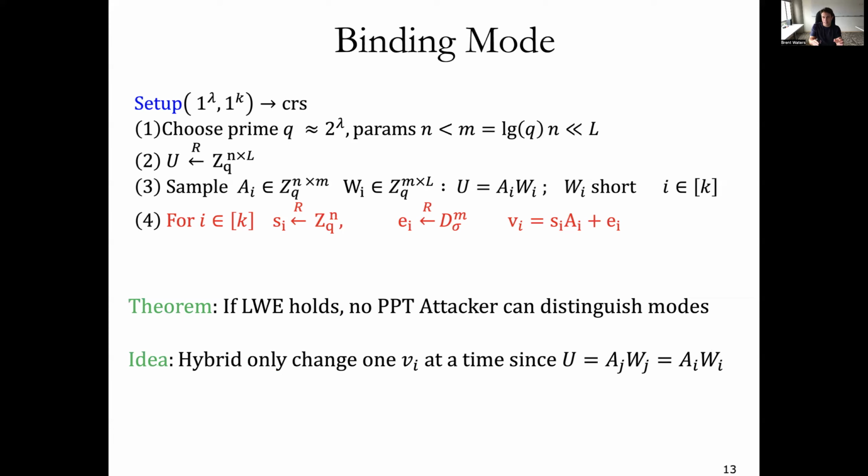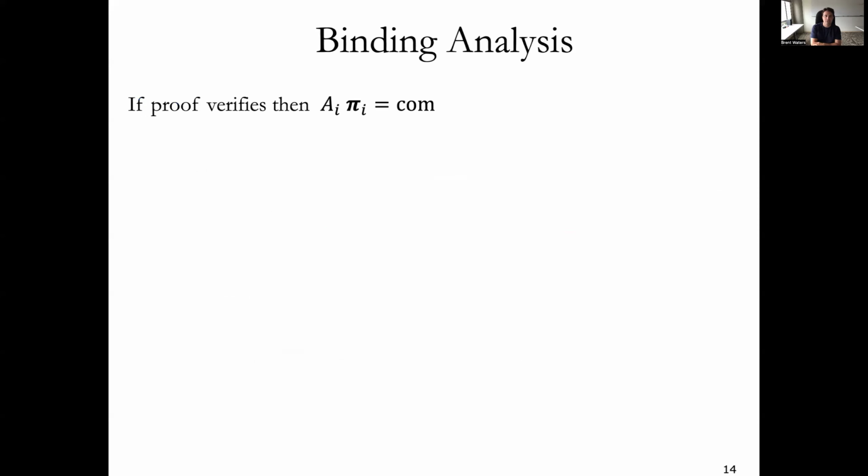So we can only take one of these a_i values at a time to be random, and the rest of them have to be chosen to make this relationship work.